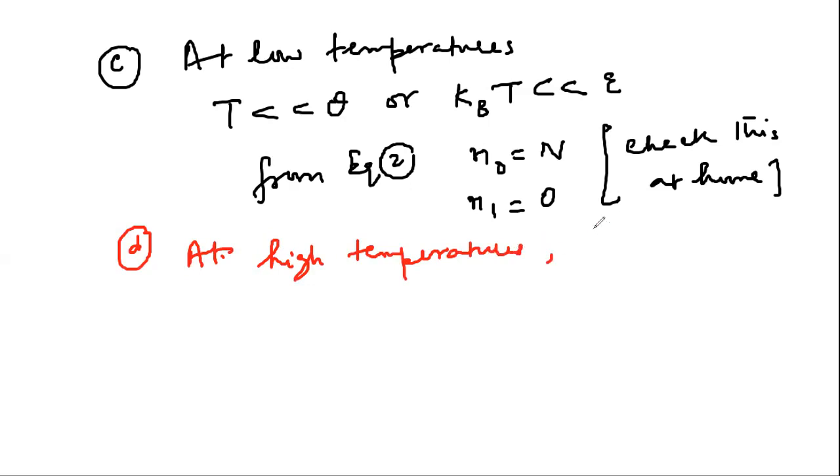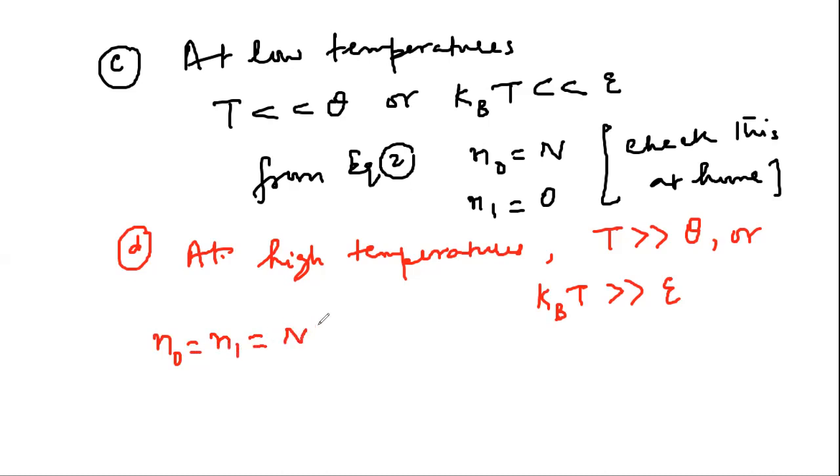That is T being much greater than characteristic temperature theta, or equivalently KBT being much greater than epsilon, we see N0 is equal to N1, both equal to N by 2, from equation 2.